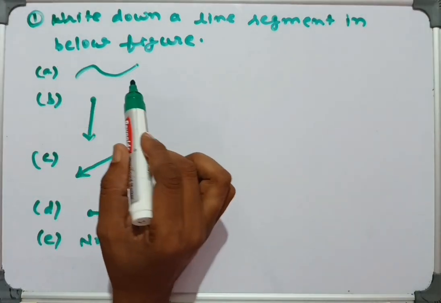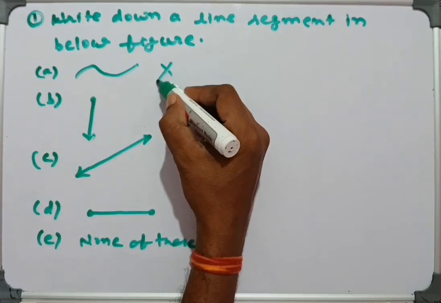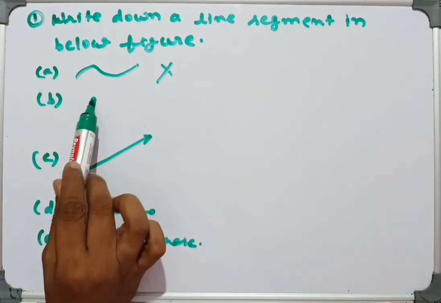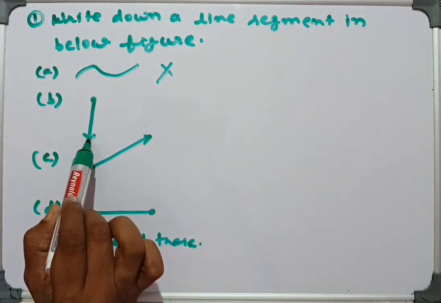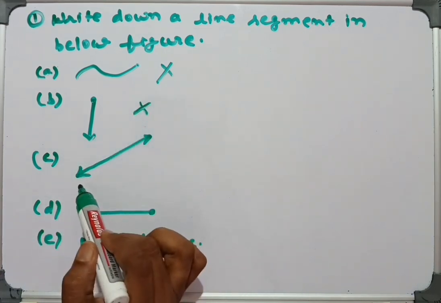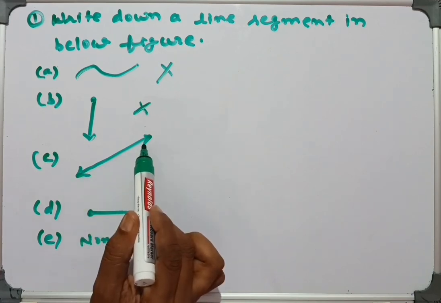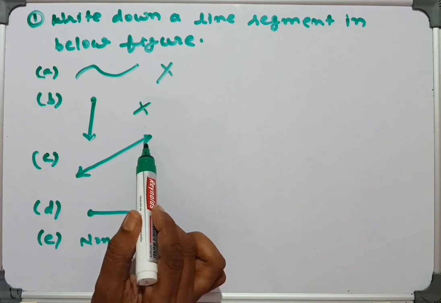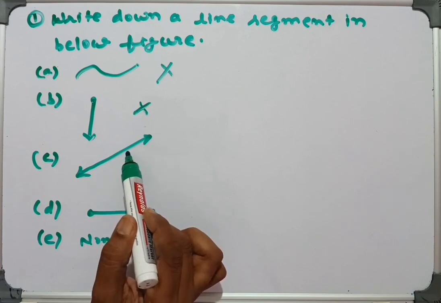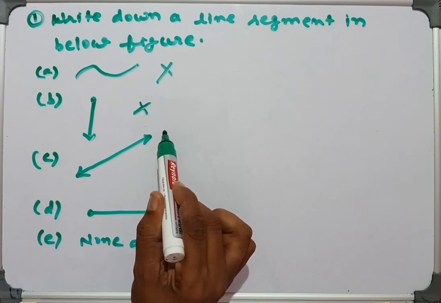See, this is a curved path, this is not a straight path, so this option is not correct. Second, see, here one point is fixed and another point is not fixed, so this option is also not correct. See, third option, both the end points are not fixed, or you can say it can be extended up to infinity, so this option is also not correct.